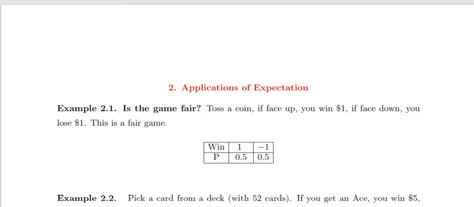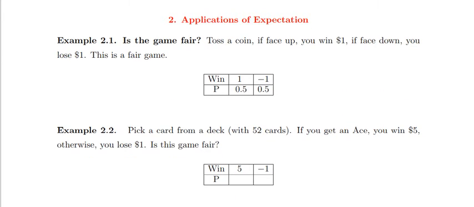As an application, we can check whether a game is fair or not fair, right? This game is fair: if you toss a coin, face up you win $1, face down you lose $1. Why is this fair?